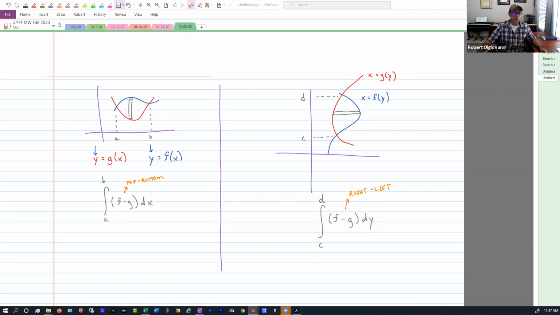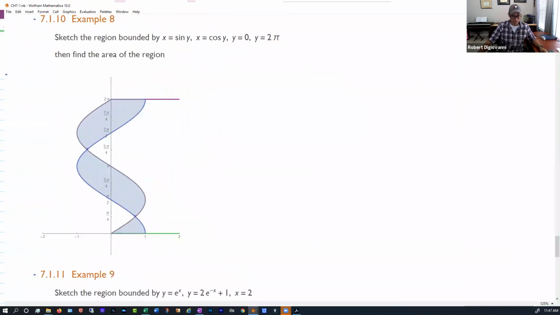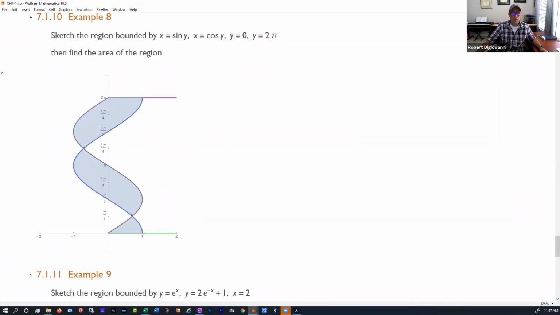I have one for you to look at. All right. Take a moment to copy this down. Now, I've given you the curves and I've given you the region.